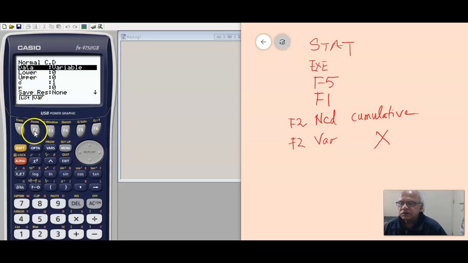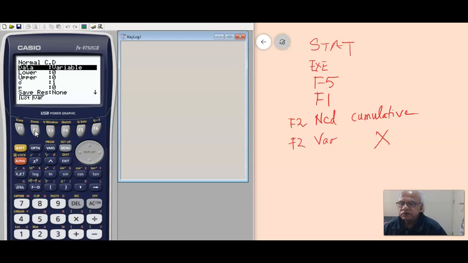Okay, so go to F2, and then you can see normal CD, data is variable. That's showing I'm not using the list section of this feature, and there are lower, upper, and standard deviation, mean value, and that's about it.